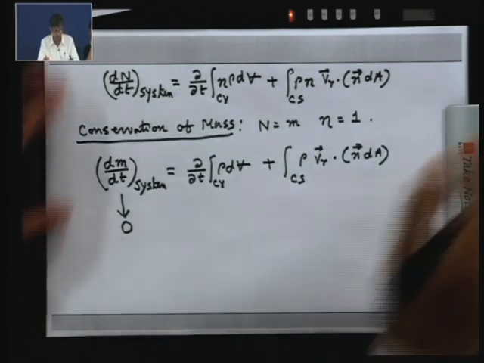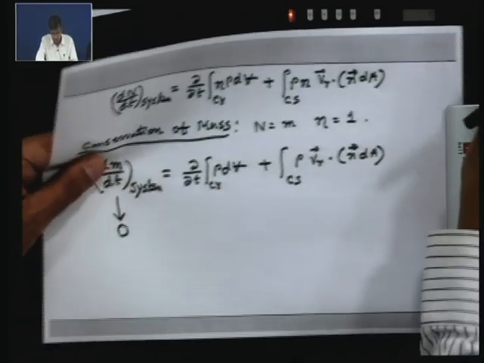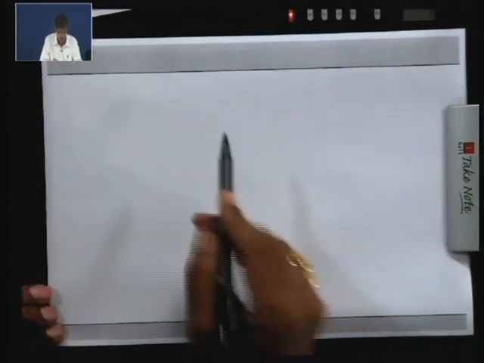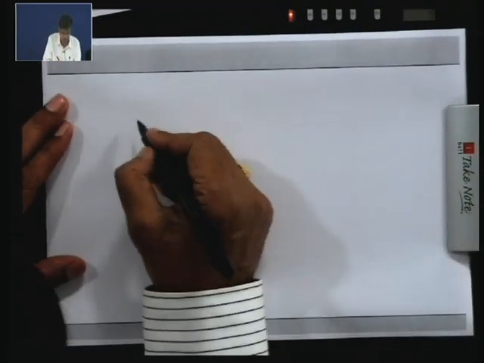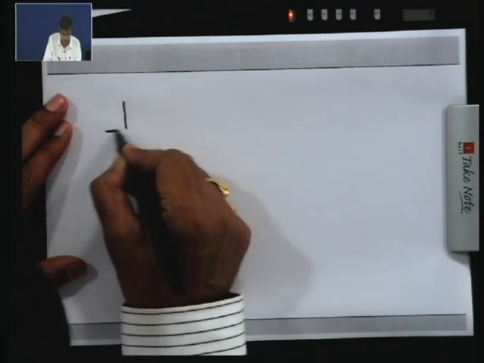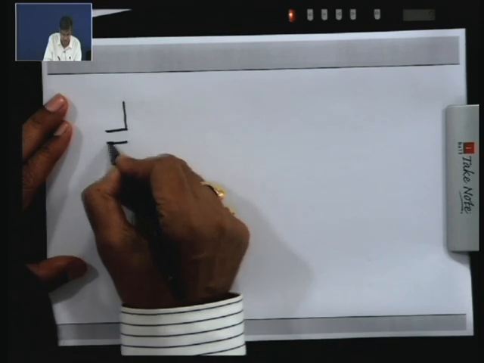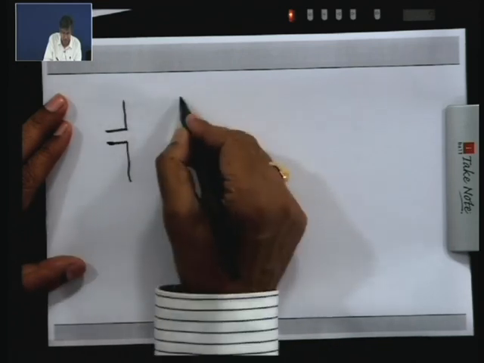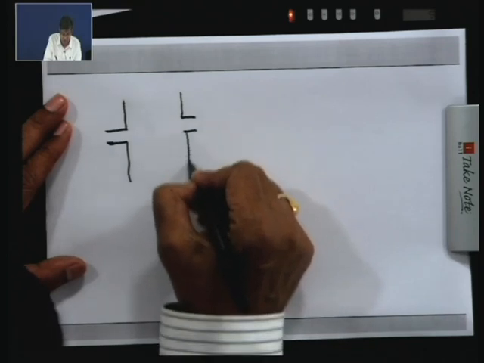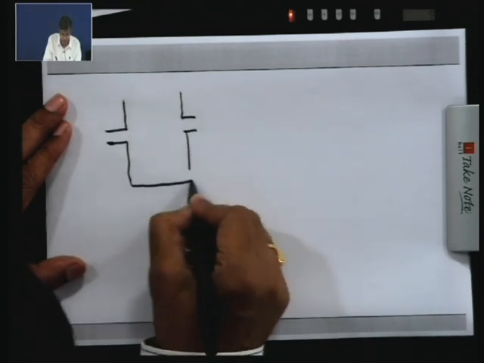Now, let us solve some problem with this conservation of mass. I am giving an example of how we can use the Reynolds transport theorem for the conservation of mass principle. A very simple problem, a school level problem you can say.